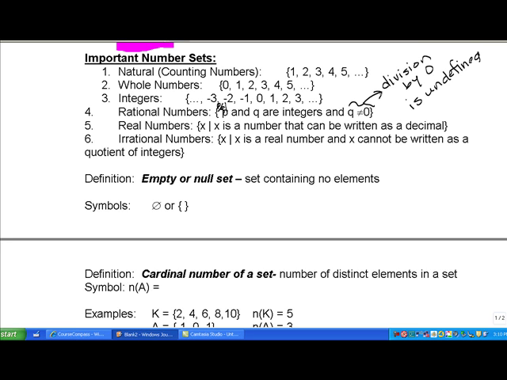Okay, the real numbers, the set of x such that x is a number that can be written as a decimal. And irrational numbers, the set of all x such that x is a real number and x cannot be written as a quotient of integers. It turns out that rational numbers are either repeating or terminating decimals, and irrational numbers are non-repeating, non-terminating decimals.